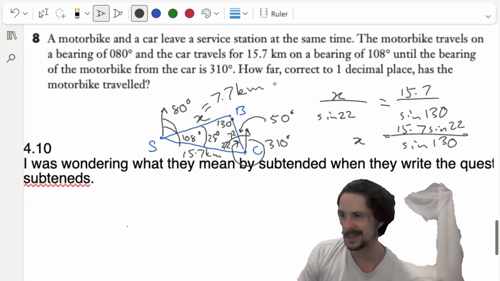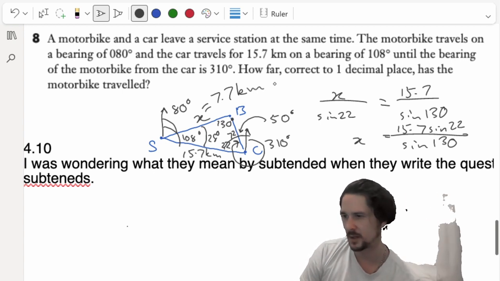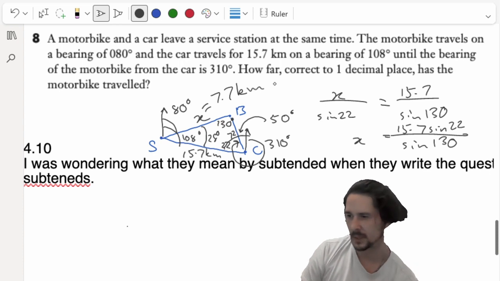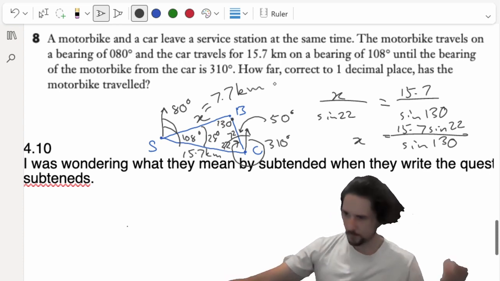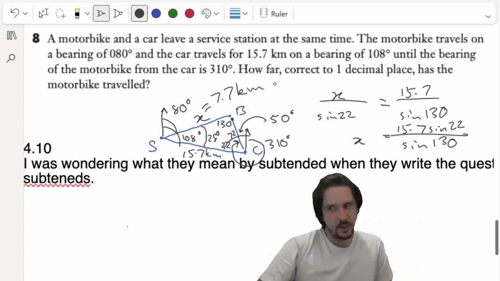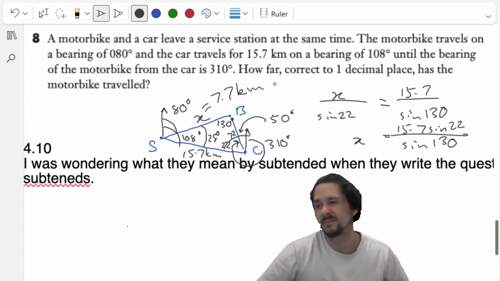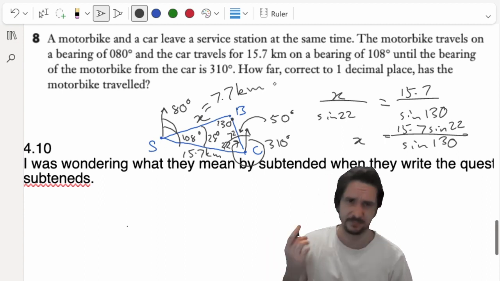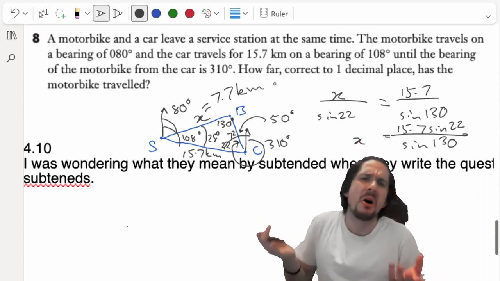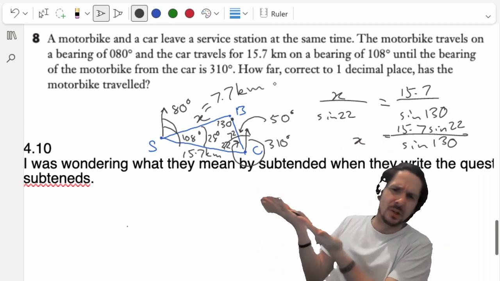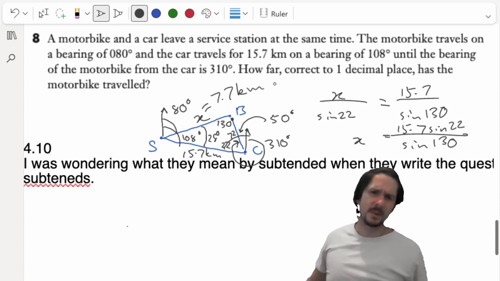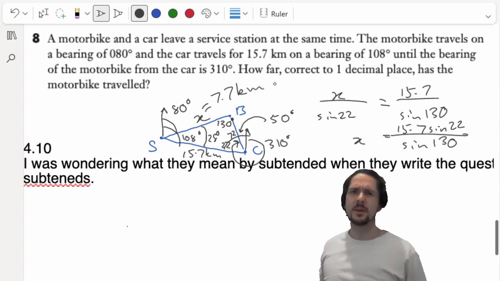So it is about half of the other length. Bearing in mind that my diagram's not especially precise, let me know if I'm wrong. That seems possible, but it really doesn't look like it in my diagram. I'd expect it to be more like 10 or 12. So let me know if I'm wrong.